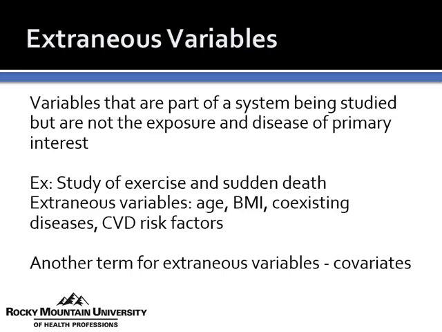Extraneous variables are variables that are part of a system being studied but are not the exposure and disease of primary interest. In a study of exercise and sudden death, extraneous variables might be age, right? Maybe sudden death might be more likely in 50 and 60-year-olds than in 20-year-olds. Or other things like BMI, coexisting diseases, cardiovascular disease risk factors. Another term for extraneous variables is covariates.